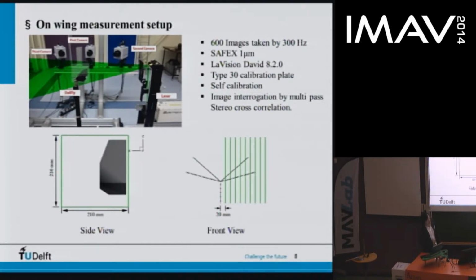In the post-processing, the image interrogation was performed by multi-pass stereo cross correlation. In the first measurement, the field of interest is around 21 centimeters by 21 centimeters, and the laser sheet is at different positions from 2 centimeters from the root until, I think, 16 centimeters outside the wing.